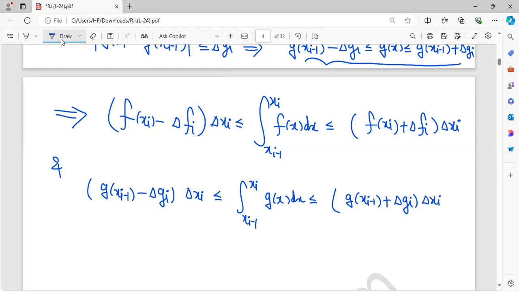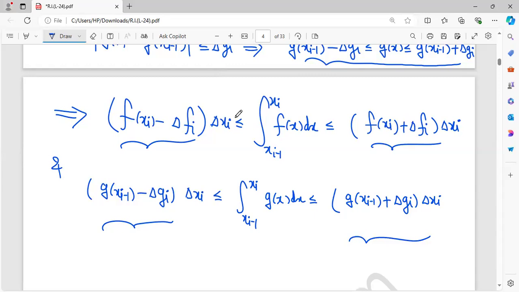Now, this is a fixed value and this is also a fixed value and this is common here, and this integral lies in between this. Similarly, the same thing here, this is fixed, this is also fixed, this is also fixed, and this lies in between this.